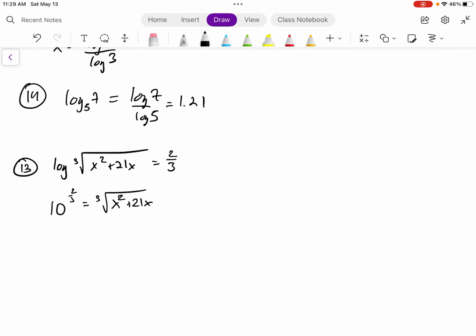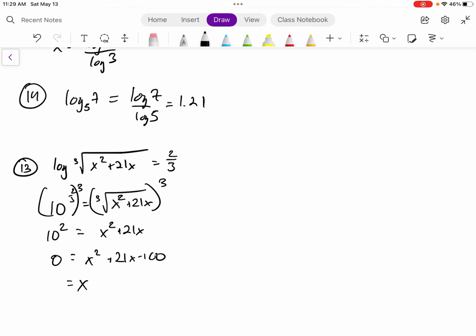I'm going to cube everything now, and I'm going to get 10 squared equals x squared plus 21x, or 0 equals x squared plus 21x minus 100. And then we get x plus 25 times x minus 4 equals 0. So x equals negative 25 or 4. If you plug both of these in, I think they're both going to work, so we have two answers here.